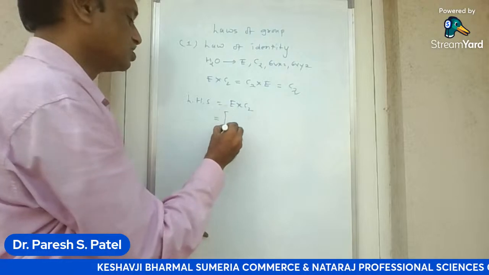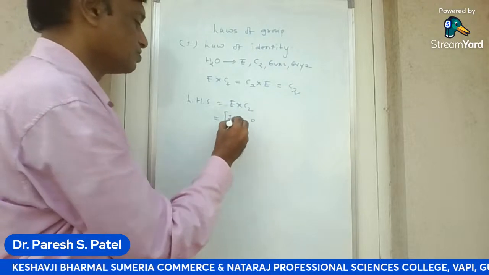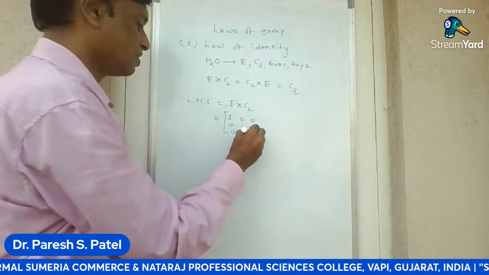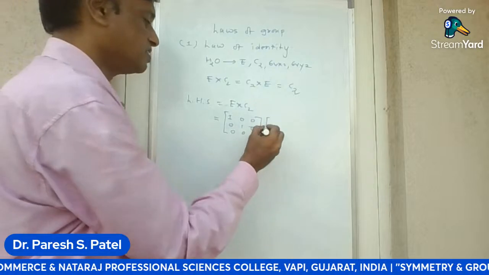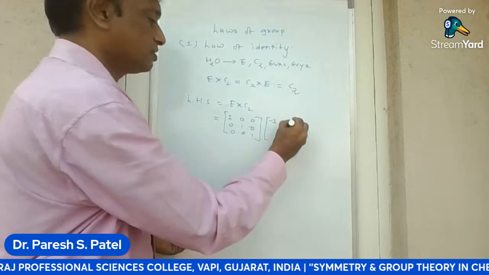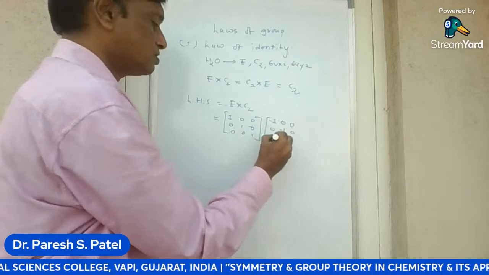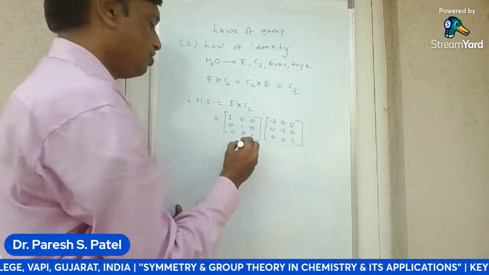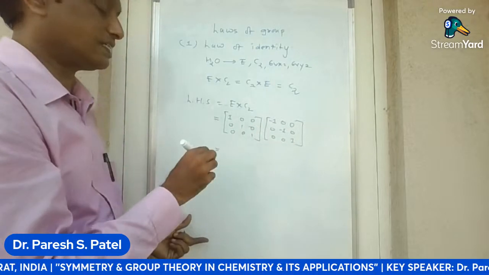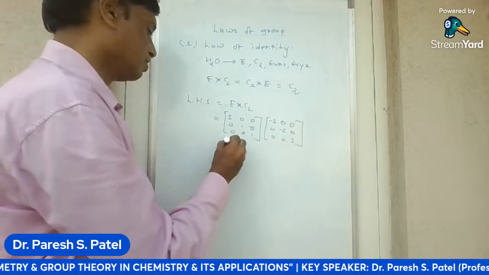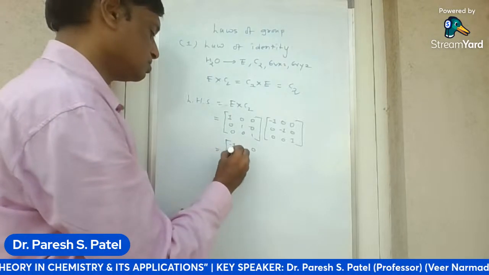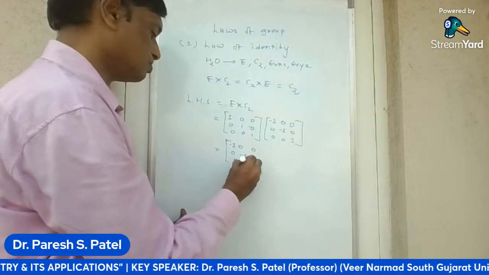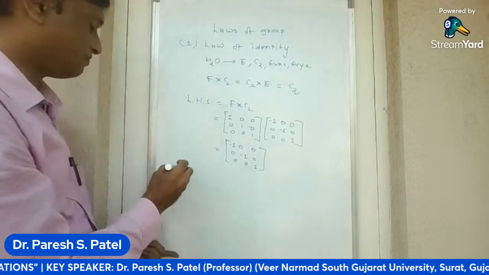The matrix representation for identity is 1 0 0, 0 1 0, 0 0 1, and the matrix representation for C2 we already derived: minus 1 0 0, 0 minus 1 0, 0 0 1. If you combine these three-dimensional matrices, we get minus 1 0 0, 0 minus 1 0, 0 0 1. This is the left hand side.